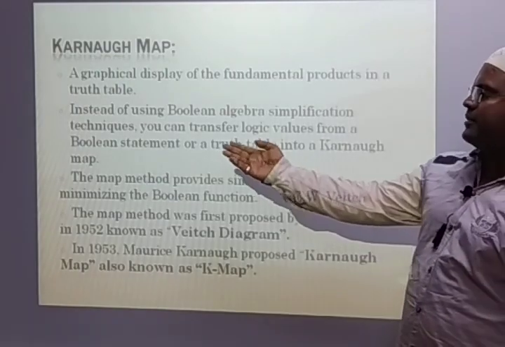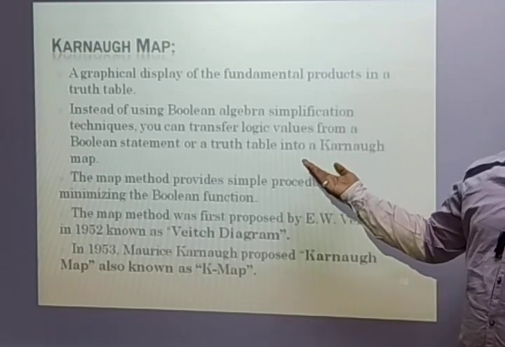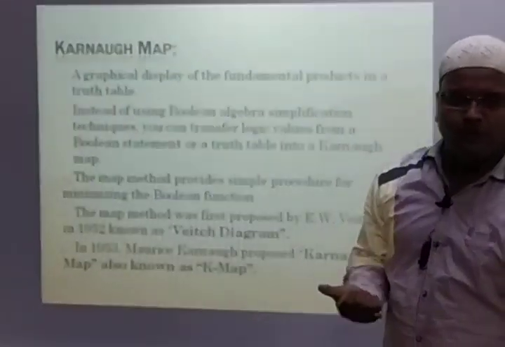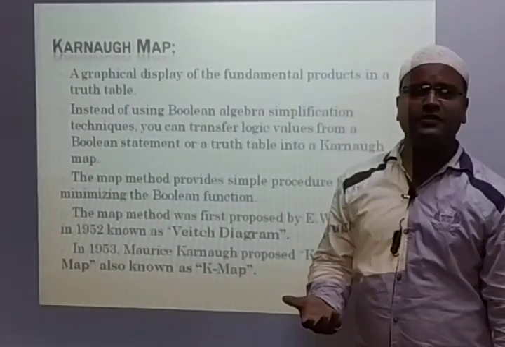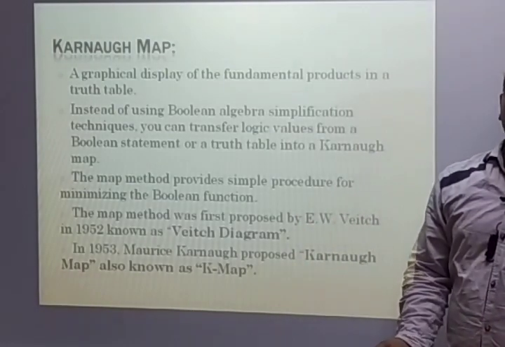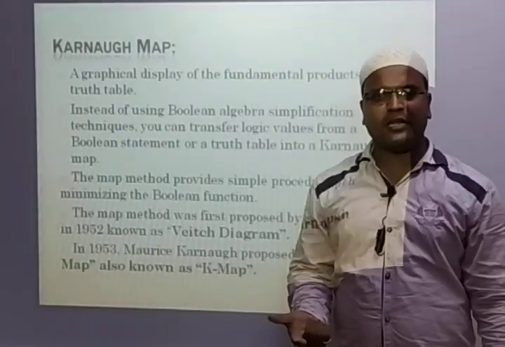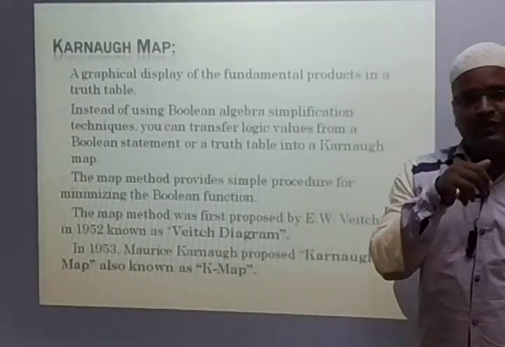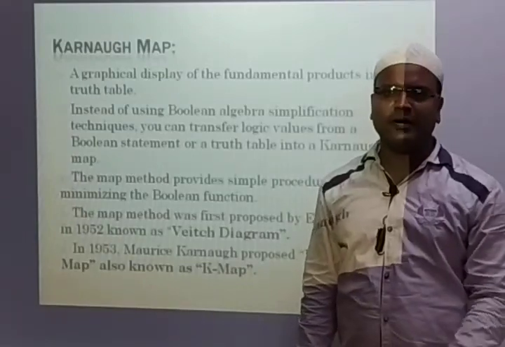Second point, it says that instead of using Boolean algebra simplification techniques, all those laws, what are the laws we have seen? De Morgan's law, associative, distributive, commutative, absorption, idempotent laws. Like A plus A complement is 1. A plus BC can be written as A plus B into A plus C. Likewise, (X plus Y) whole complement can be written as X complement into Y complement.